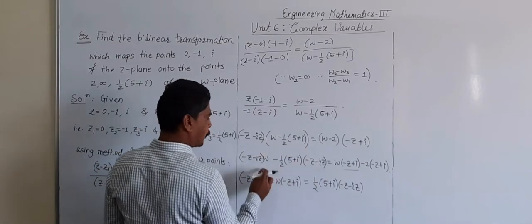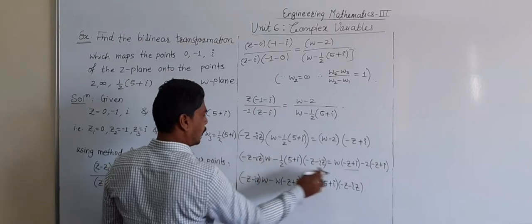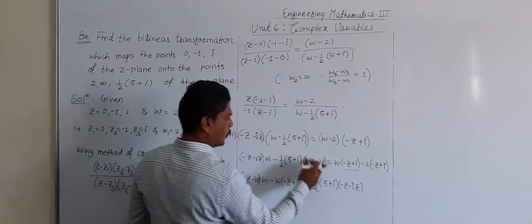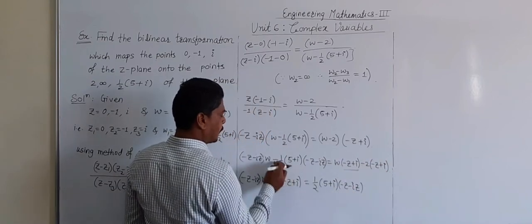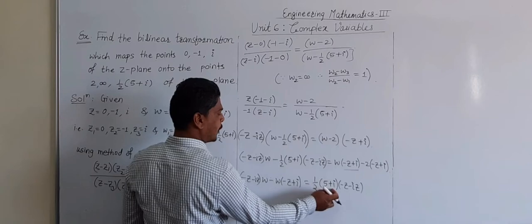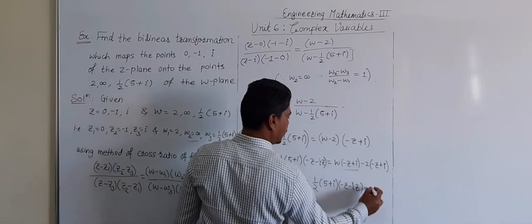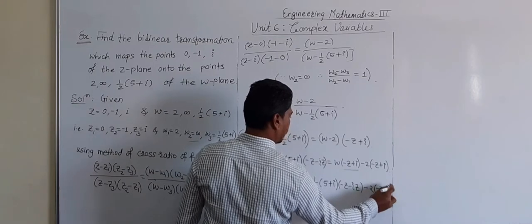So we get this equation, and now shift the term of w from the right side to the left side. So shift this term toward the left side and this term toward the right side. So we get minus becomes plus 1 upon 2 into (5 plus i) into (minus z minus iz). This term as it is, minus 2 into bracket (minus z plus i). Okay.